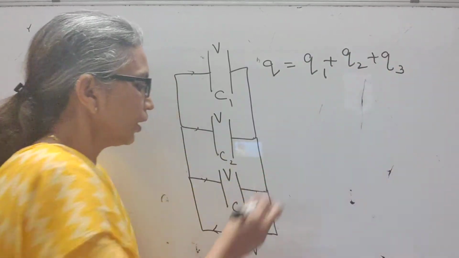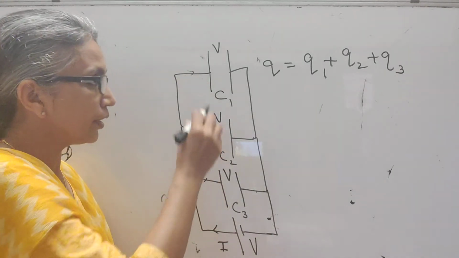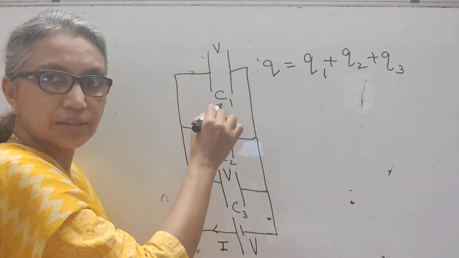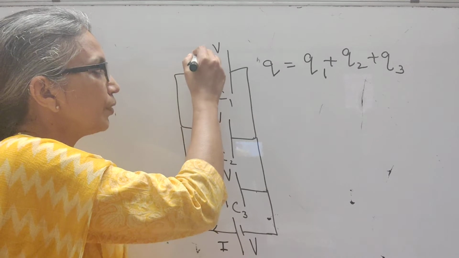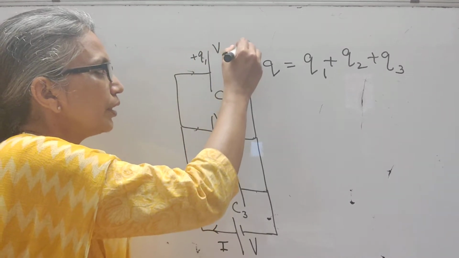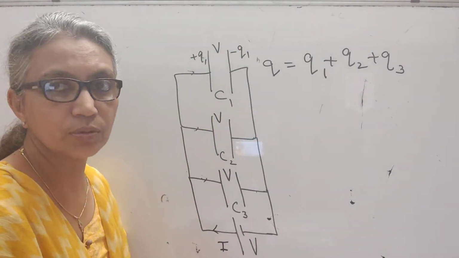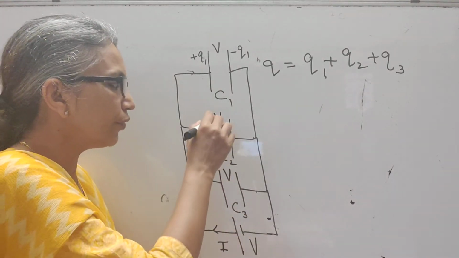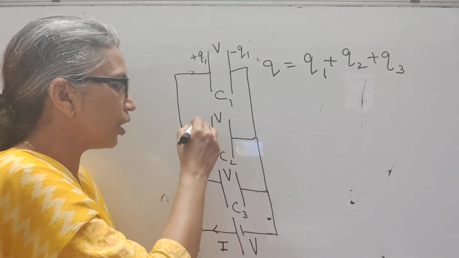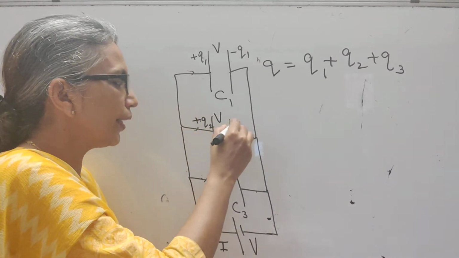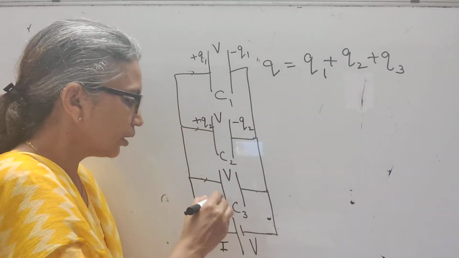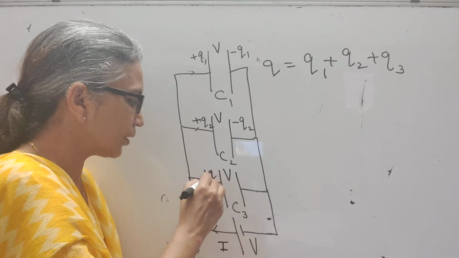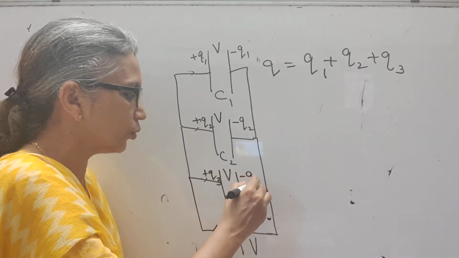That means now your first capacitor has potential V, capacitance C1. So the charge will be plus Q1 and minus Q1, because Q equal to CV. Now C2 and V, this let us say is charged to plus Q2 and this is minus Q2. These plates are plus Q3 and this is minus Q3.